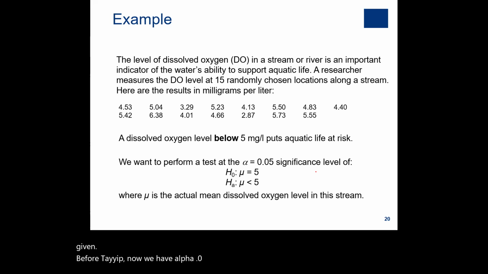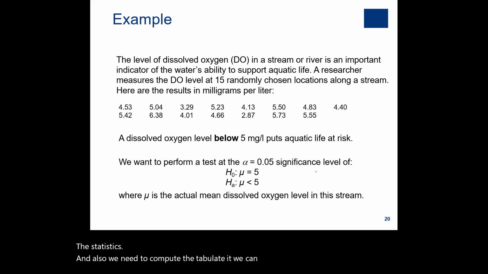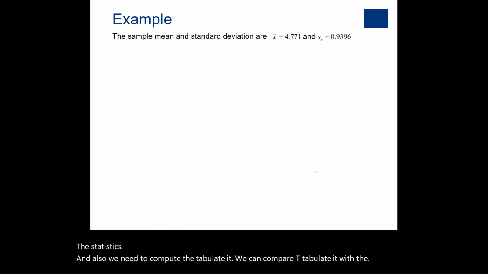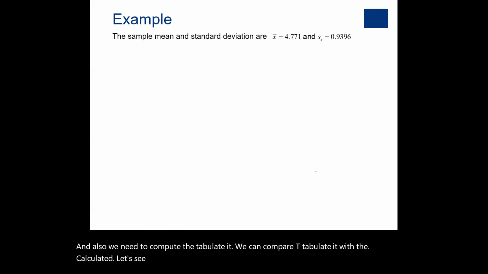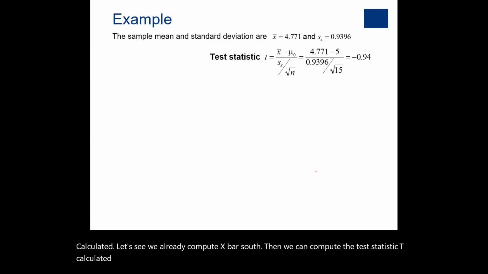We have this case 1. We need to compute the t statistic, and also we need to compute t tabulated. We can compare t tabulated with t calculated. We already computed x bar and s, so we can compute the test statistic t calculated, which is minus 0.94.